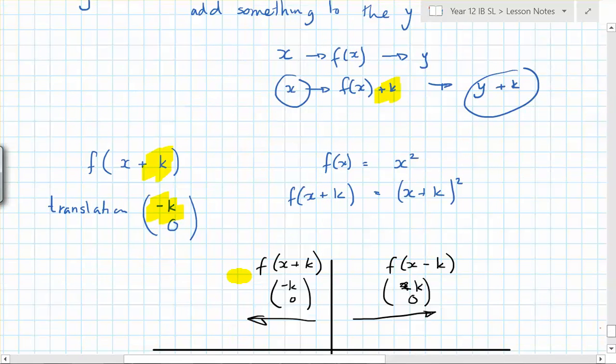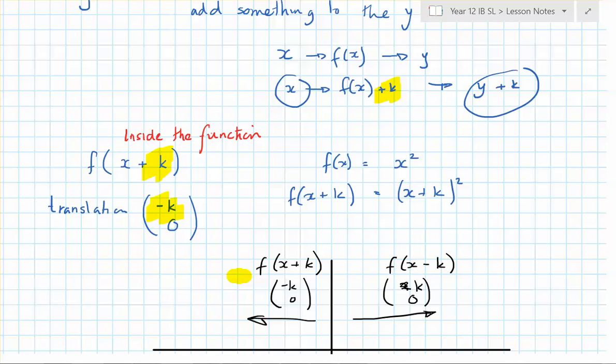Now, the next thing we looked at, well, you can add or subtract k inside the function. Now, anyone understand why that would be inside the function and the other one would be outside the function? What do you think? Any ideas? Because this is what you add to x before you input.